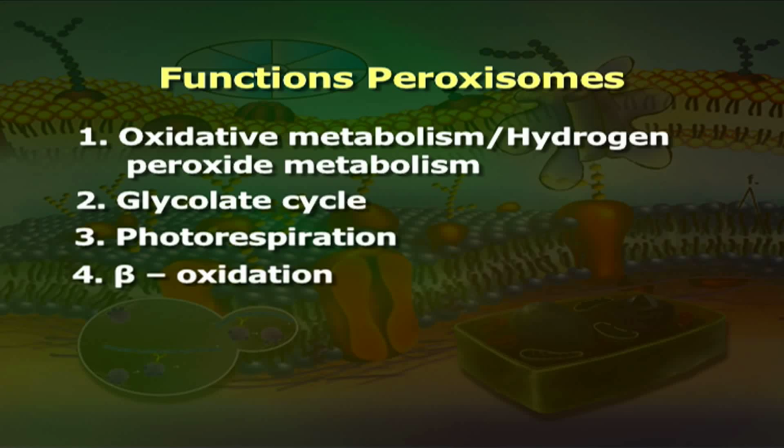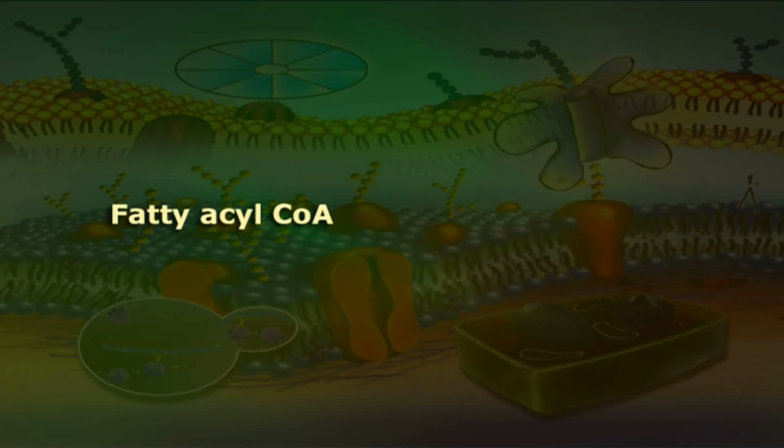The next is beta oxidation. Peroxisomes of the liver cell contain beta oxidative enzymes for fatty acid metabolism. Fatty acyl-CoA is converted to acetyl-CoA.